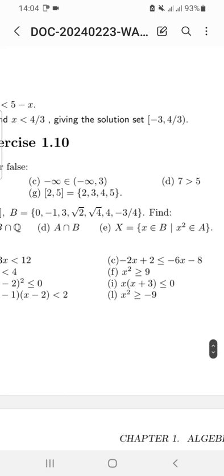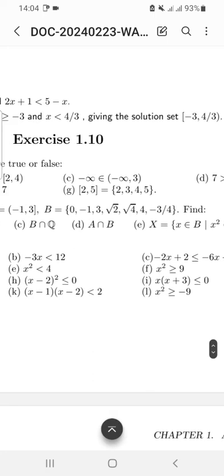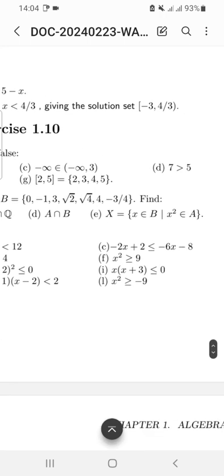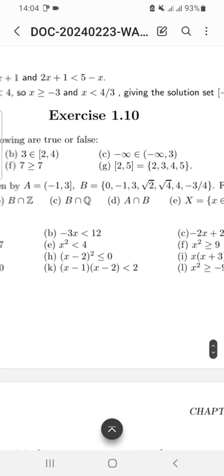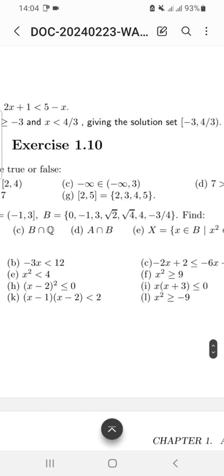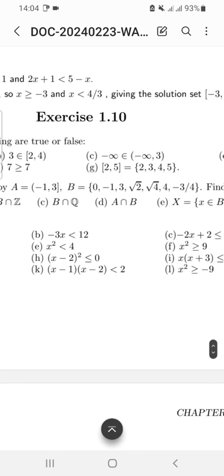Minus 1 squared, that is 1, okay? That's not any element. 3 squared is 9. Root 2 squared is 2. Root 4 squared is 4. Minus 3 squared is 9. 4 squared is 16. Yeah, there's nothing, huh? I think it's an empty set, yeah? Because every time you square something in B, you're not going to get minus 1.